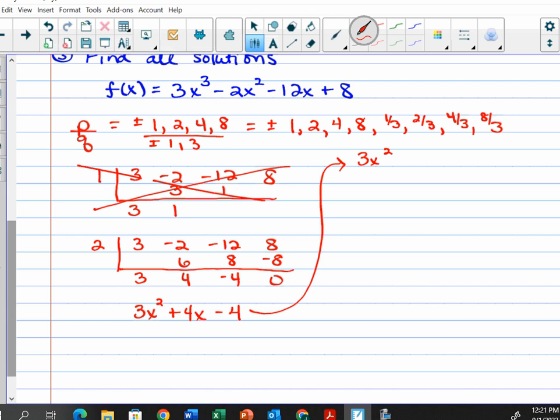All right, so I'm going to go 3x squared minus 2x plus 6x minus 4. Group. Can take an x out of that first group. Take a 2 out of the second one.